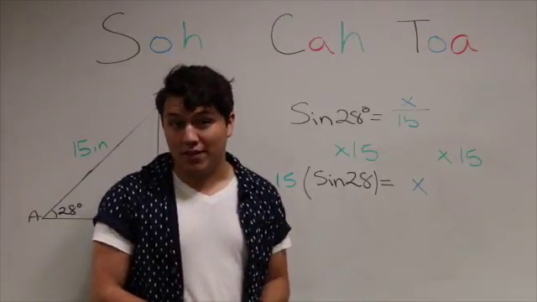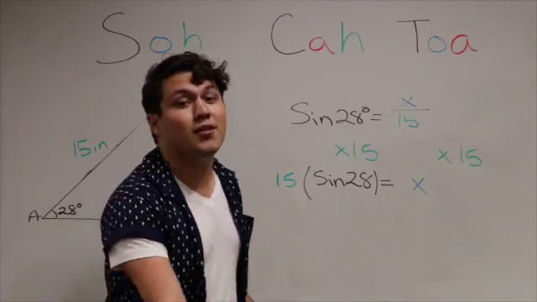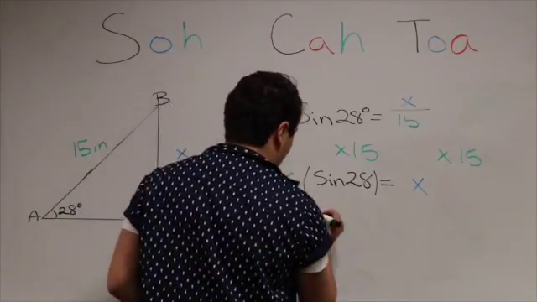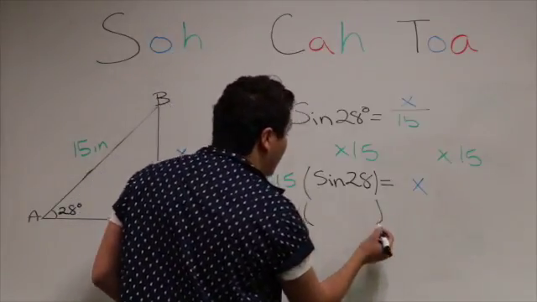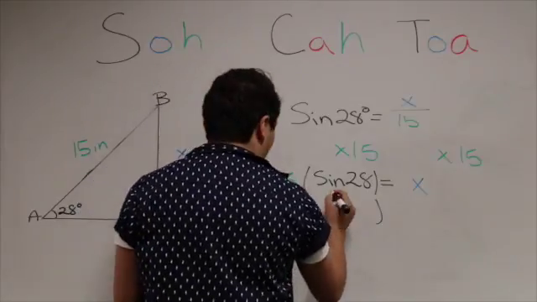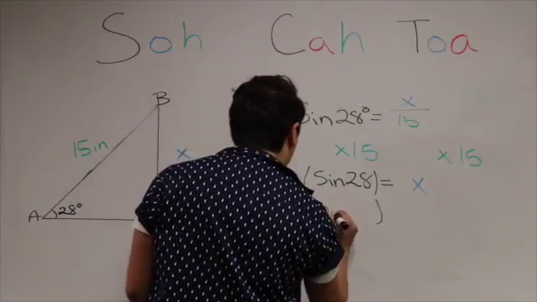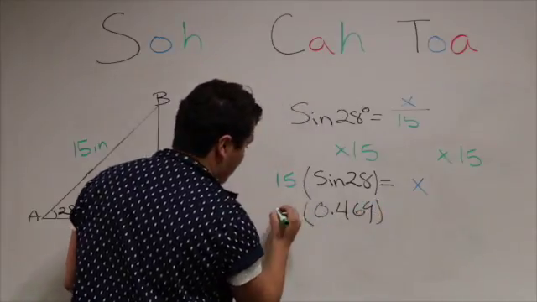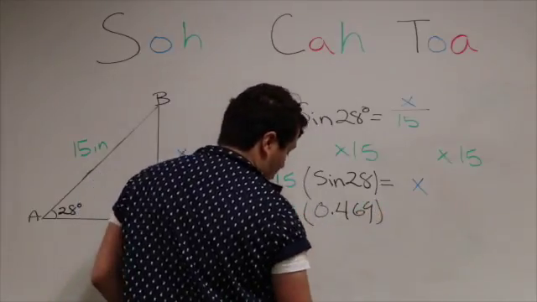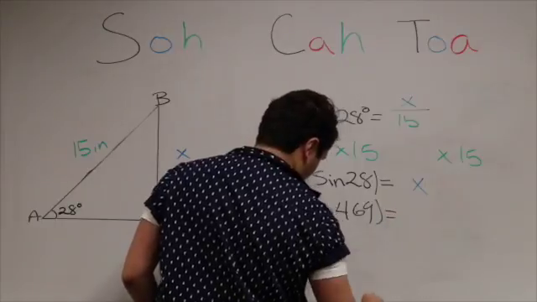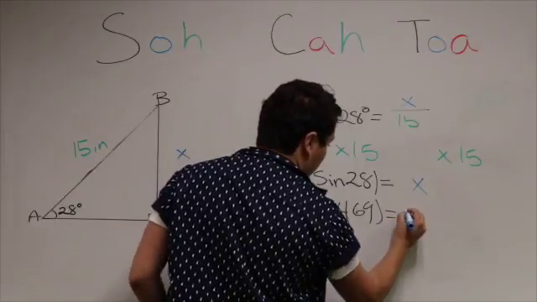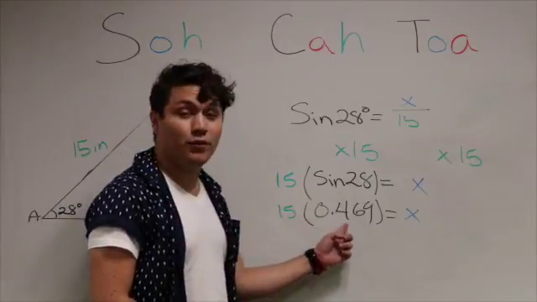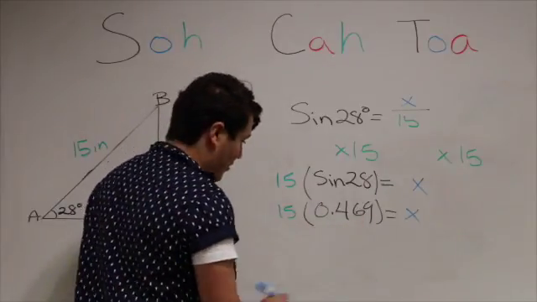To figure out the sine of 28 degrees, we're going to use a calculator. The sine of 28 degrees is 0.469. So x is equal to 15 times 0.469.